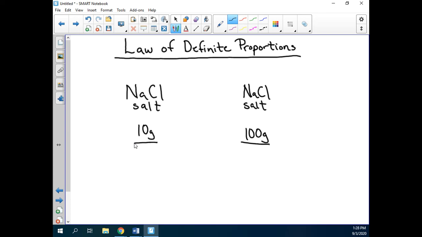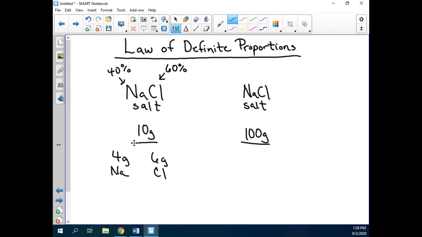What it means is if I know that sodium is 40% of this compound, and that would mean that chlorine would make up 60% of the compound, then that's true no matter how much salt I have. So if I have 10 grams of salt, and I know those percentages, that would mean 4 grams of this would be sodium, and 6 grams would be chlorine.